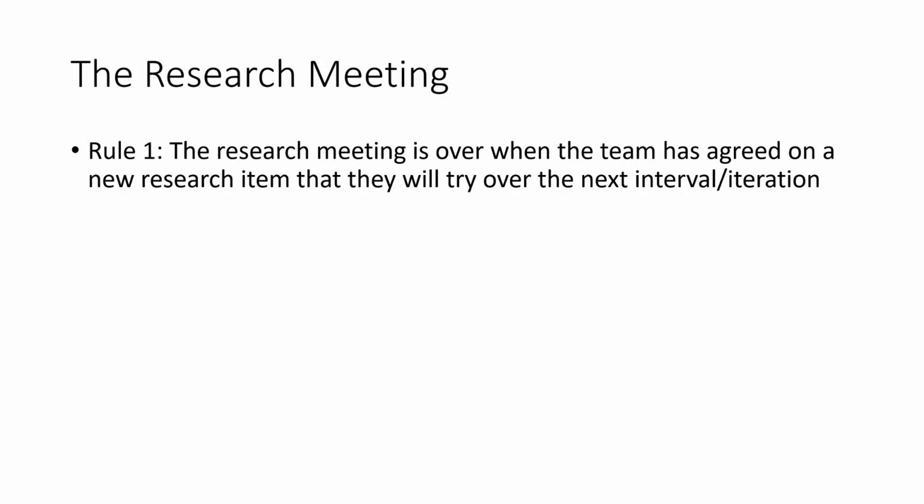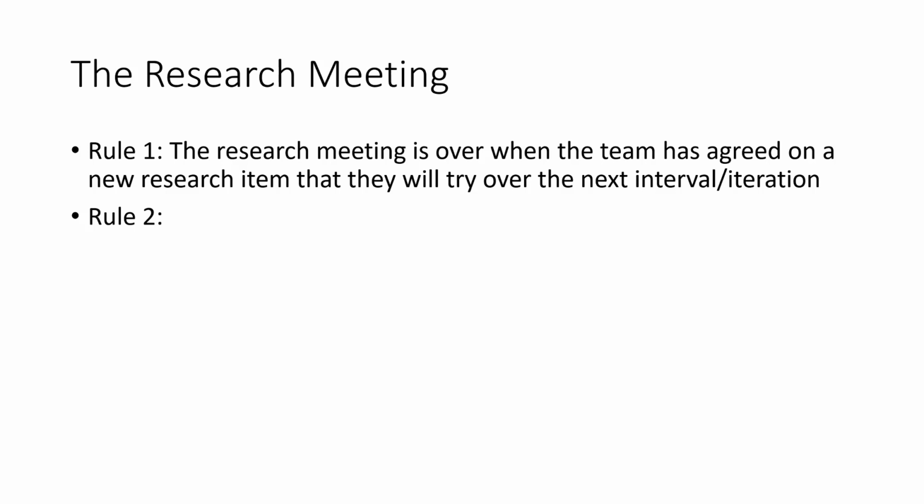Well, the meeting's purely designed to come up with a research item that we're going to try that we think improves the process. So I'm tied directly between what I'm doing here and my goal. Rule 2, well, there actually aren't any other rules for the research meeting. All I care about is that we find out about that thing. And there are different ways of doing this, but all I care about is the goal.